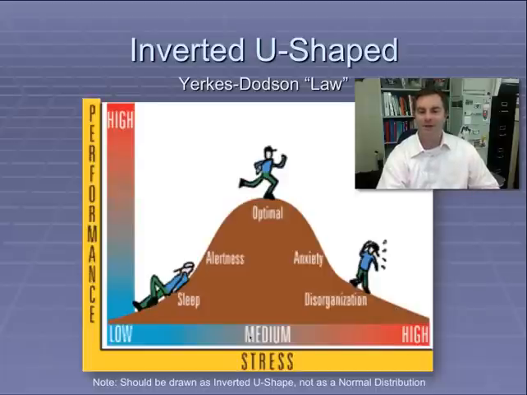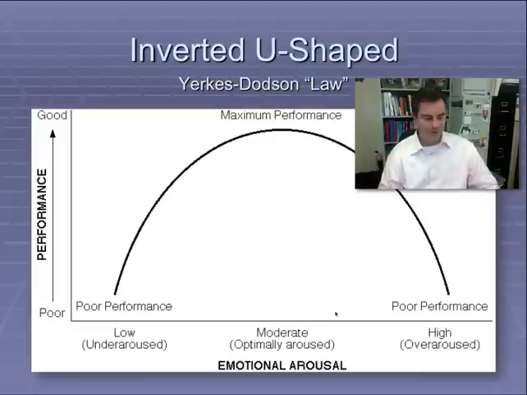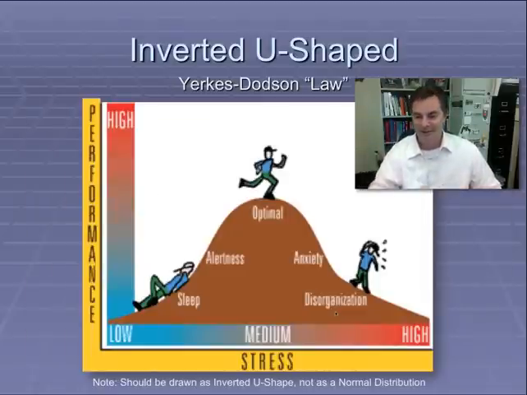I like this depiction of it. It was a more fun way to look at it, but I didn't want to show you this one at first. What's wrong with this picture? It's showing a normal distribution instead of the U shape. It should be an inverted U-shaped distribution, not normal as this picture drew it. If you're sleeping, you're not performing so high.